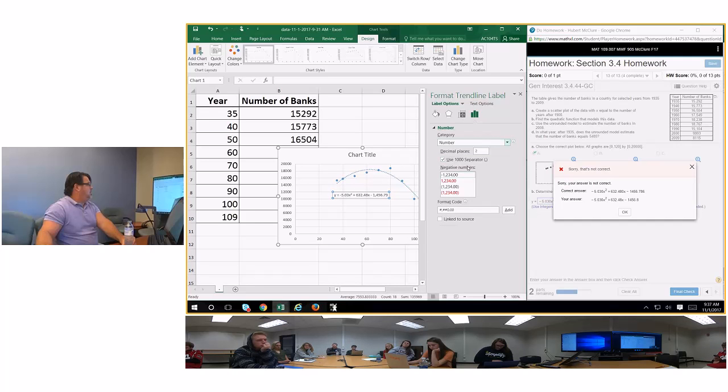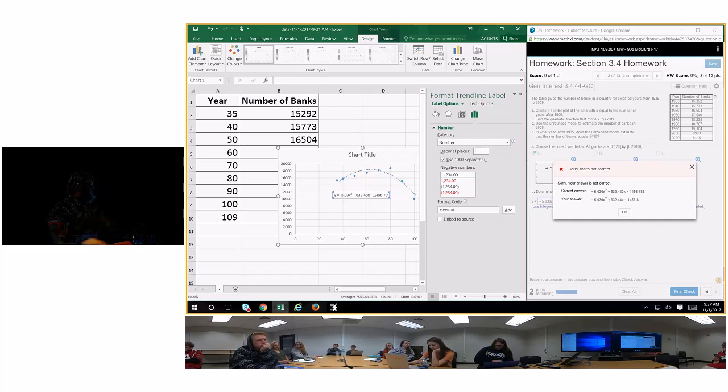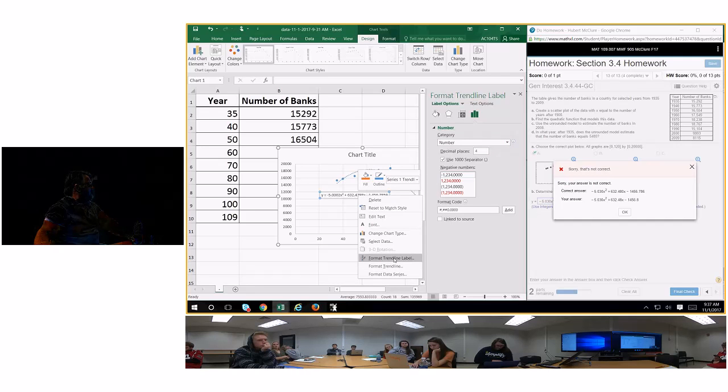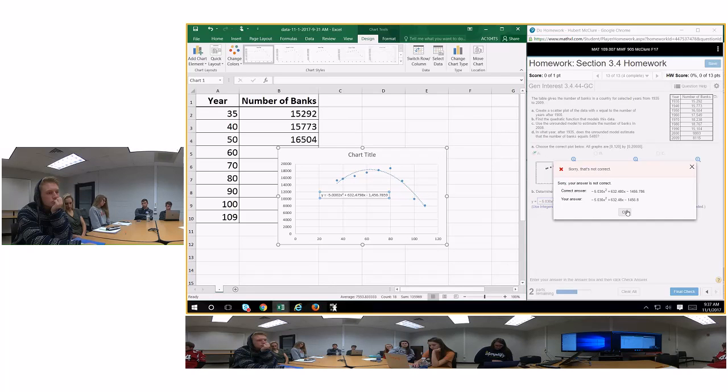Go to 3 places. Go to 4 places. So you can right click on it, go to Format Trendline Label, go to Number and change it to 4 spaces. But I would accept that answer.